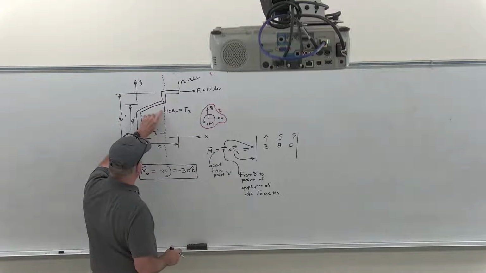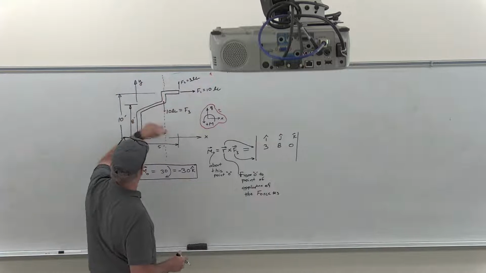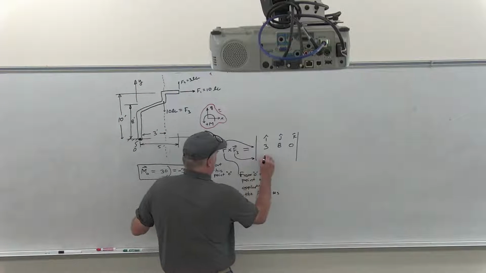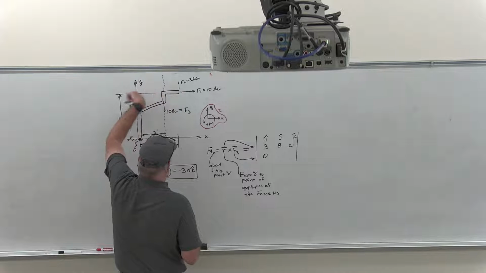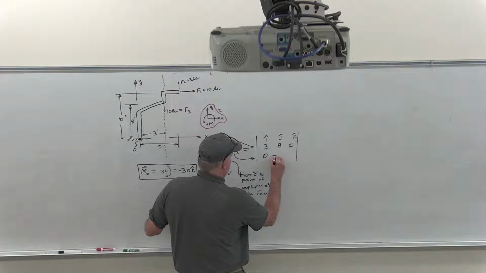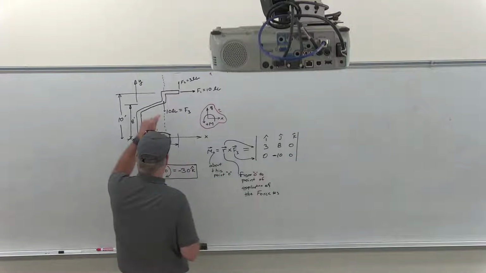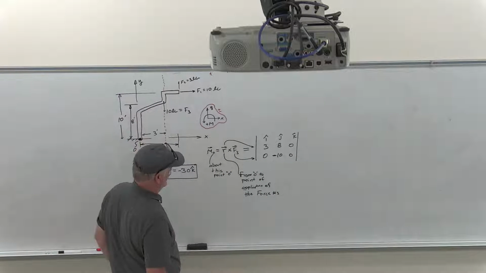F3 goes down, opposite the direction of Y. It doesn't have an X component. It goes down, it's 10, and it doesn't have a component going into or out of the board.